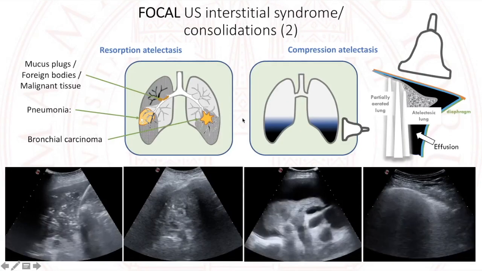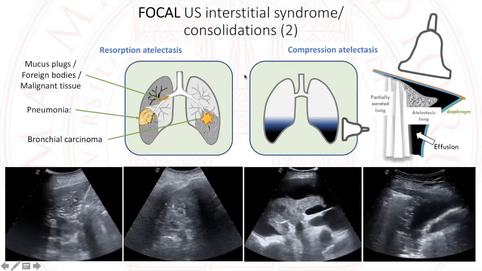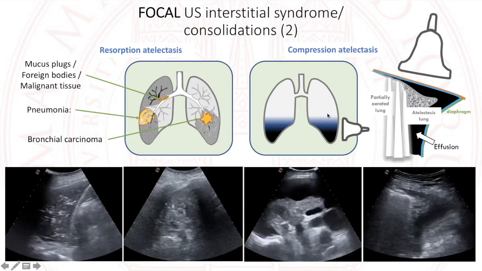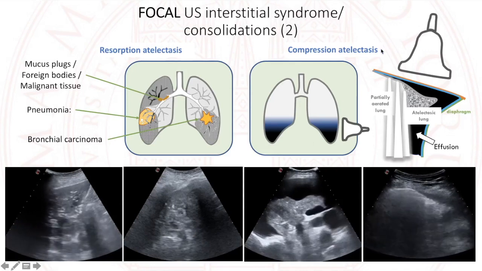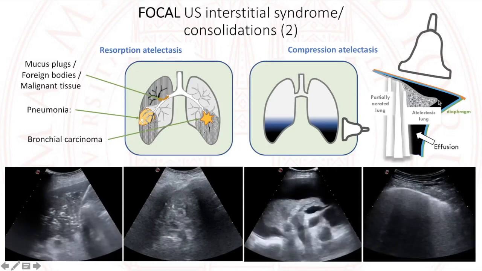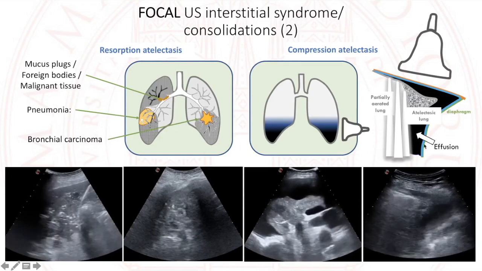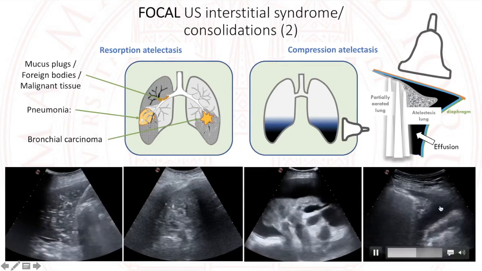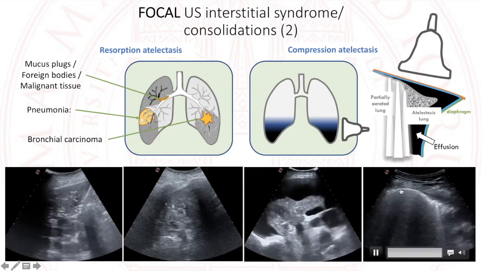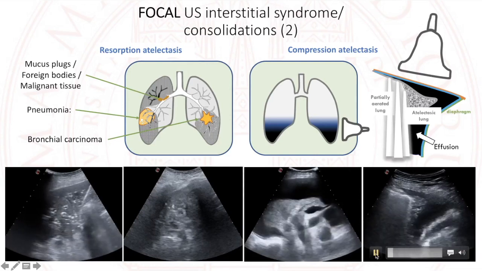Some other examples of consolidations, specifically atelectasis, which could have two mechanisms. The first one and the most common is compression atelectasis, which is made normally by fluid effusions that compress the lung parenchyma, making it look like a tissue. So as in this example, and you see that around the atelectasic lung, again, B lines are present to demonstrate that the consolidation is a spectrum.